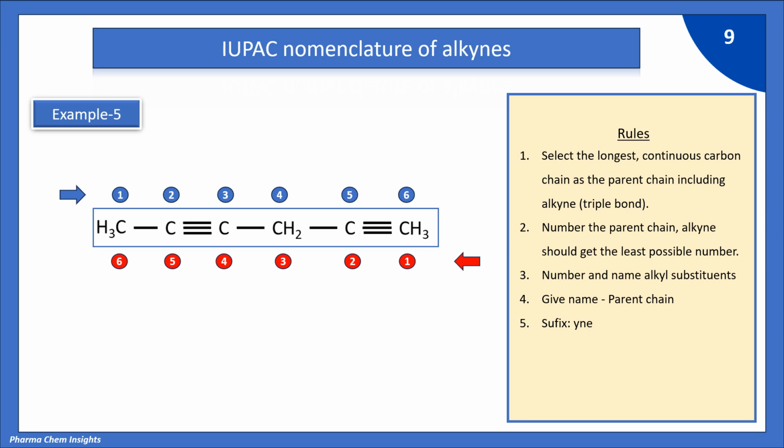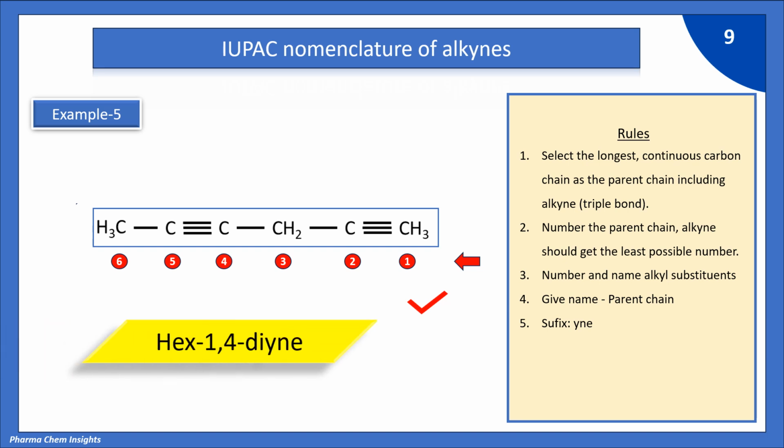In this case, the numbering written in red is correct as the alkyne groups are getting position numbers 1 and 4, which is the least. So the compound could be named as hex, then the positions of the triple bonds, which are 1, 4, di, as there are two alkyne groups, and yne, the suffix for alkyne. So it is hexa-1,4-diyne.